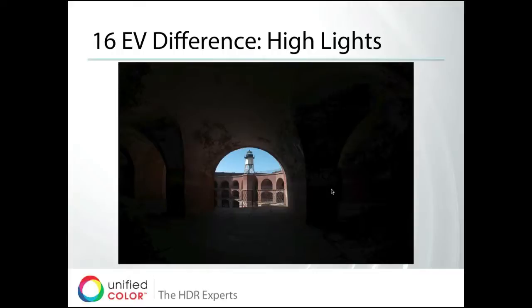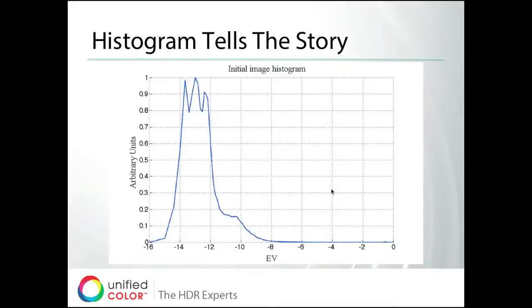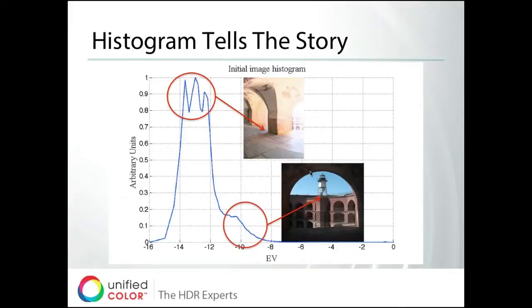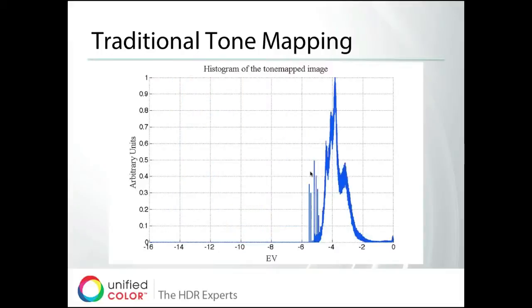It's just looking at the shadow areas versus the highlight areas. So the trick is then to tone map this to make sure that it all comes together. If we look at the histogram of this image, you see a couple of peaks here. This top peak represents the shadow areas here inside the tunnel. And this other peak here represents the highlight detail outside this arch.